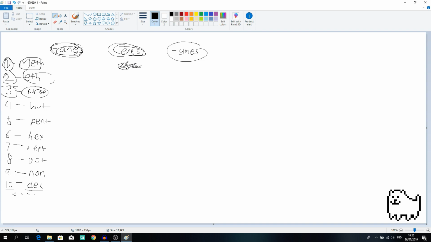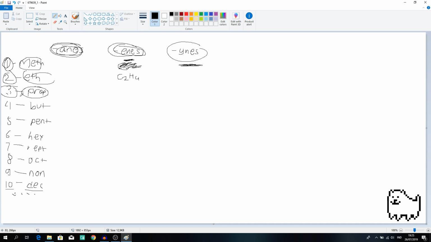So it should actually be a blank space here. Also the yne, because you need 3 carbons for a triple bond. So there's nothing in here too. So the ethene will be C2H4, as we've seen before.